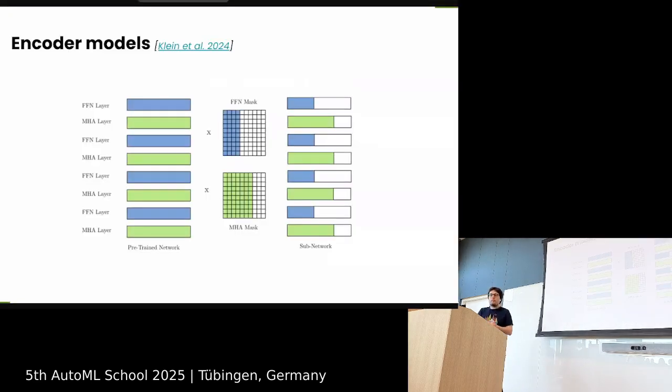Yeah, then the second approach, which was already mentioned before, is this pruning type of approach, right? You have a pre-trained network, and now you want to compress it. And you can see that as a neural architecture search problem where you see this pre-trained network as a super network. And now you want to find a sub-network in it, right? To prune it essentially. Ideally such that it maintains performance as much as possible.